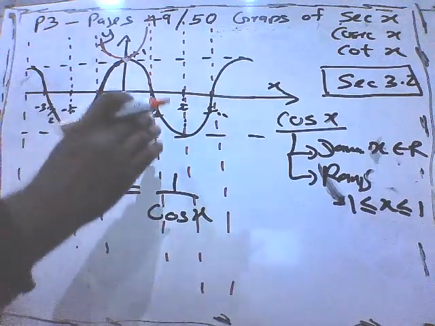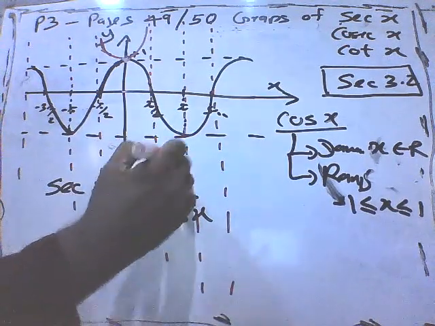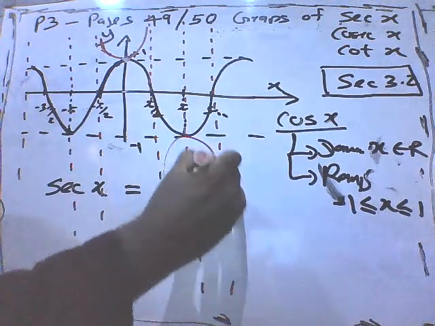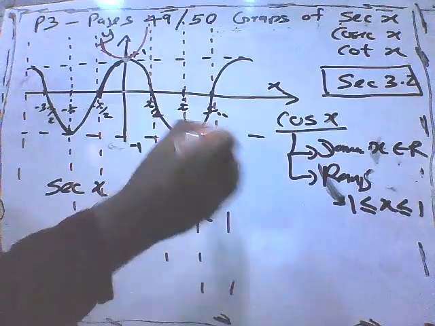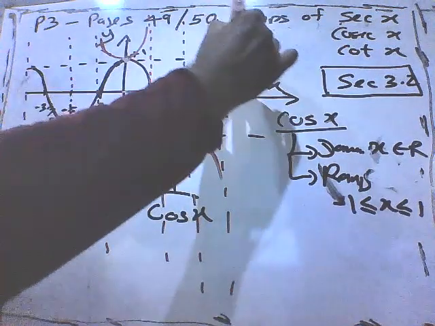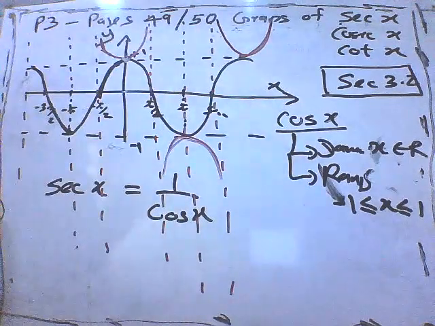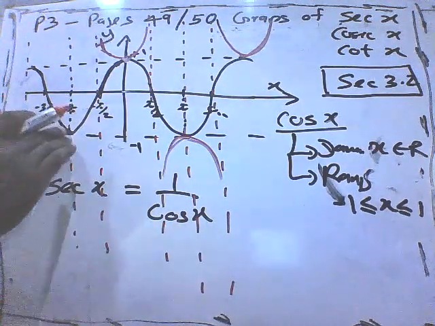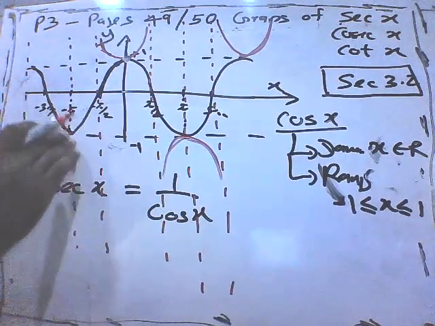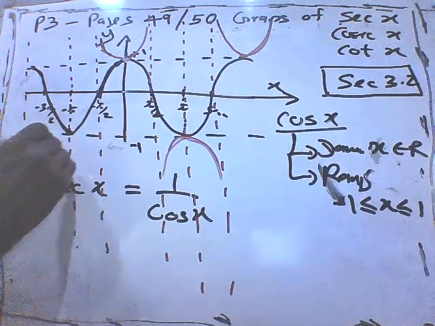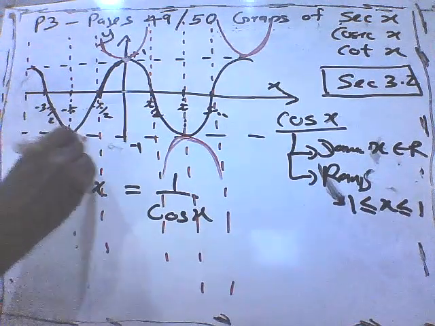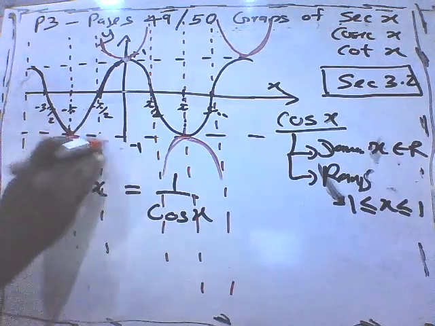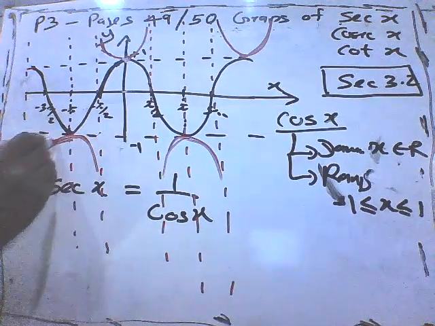And if you think of this portion, this portion also will come like this, right? And here also the graph will look like this, right? And again here, so it is going to be 1, right? -1, 1 over -1 is -1, and it is going to reach here.